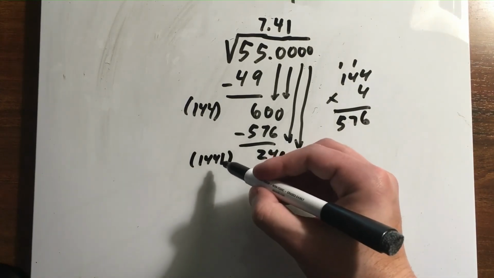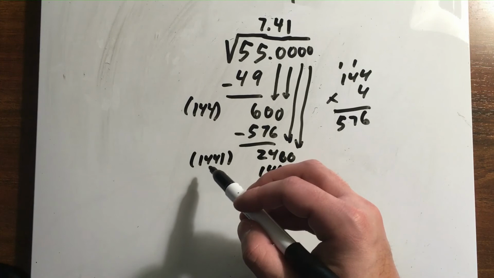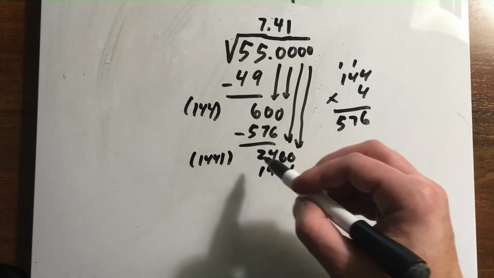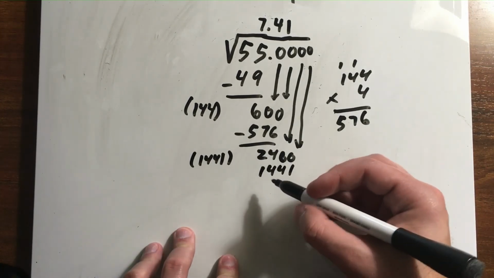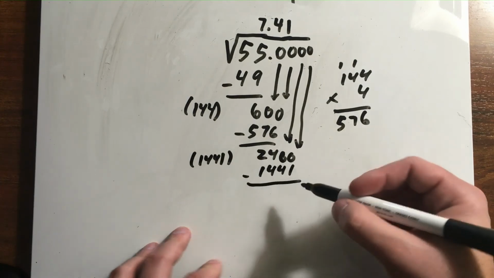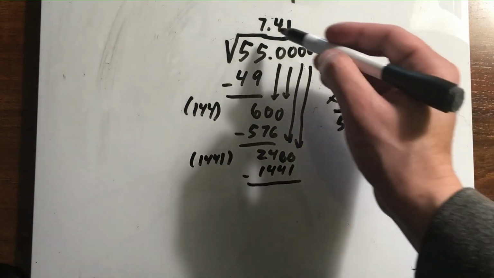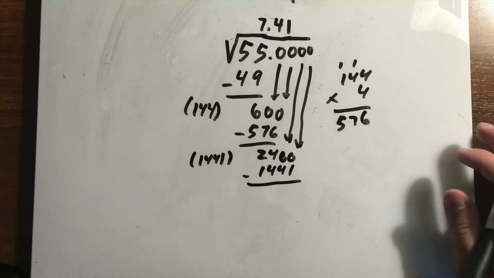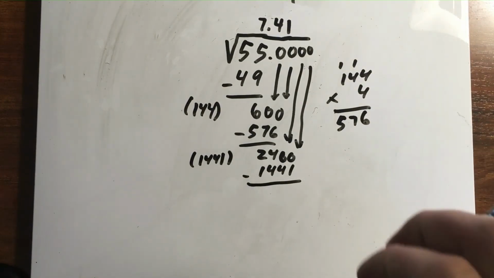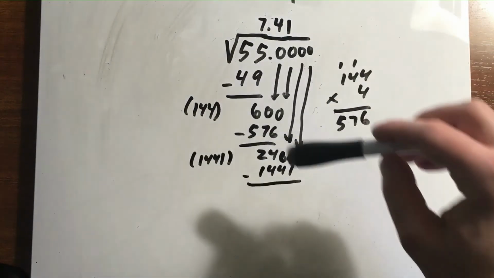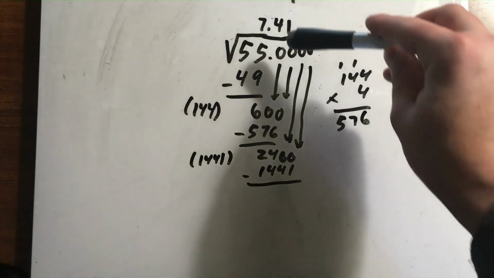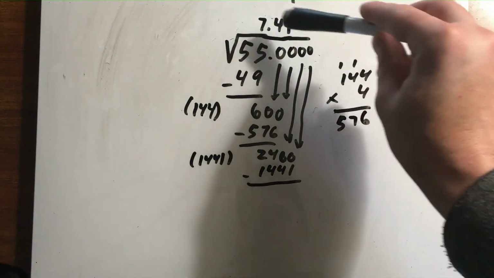See, because if I did 2, then it would be 2800 something, and that's over 2400. So that'll work. You really don't have to do this math. You already have your approximation of the square root here. The square root of 55 rounded to the nearest second decimal place is 7.41.